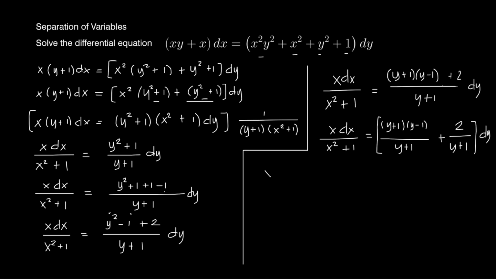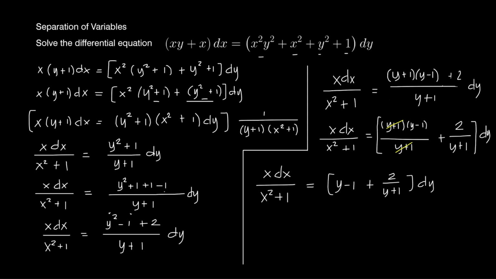The x dx over x squared plus 1 stays. Here the (y + 1) will cancel, and we have y minus 1 plus 2 over y plus 1, multiplied by dy. Okay, now we can integrate.